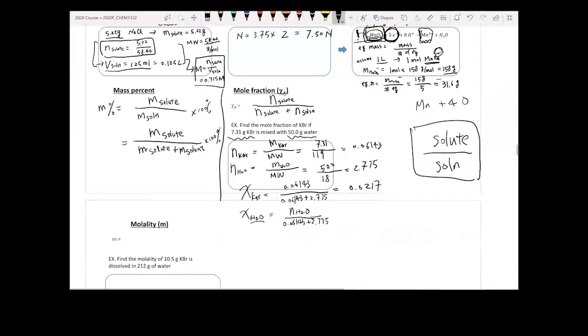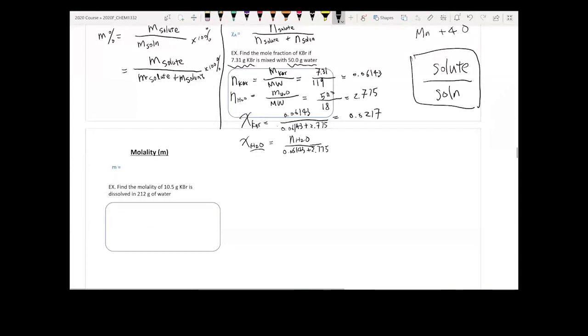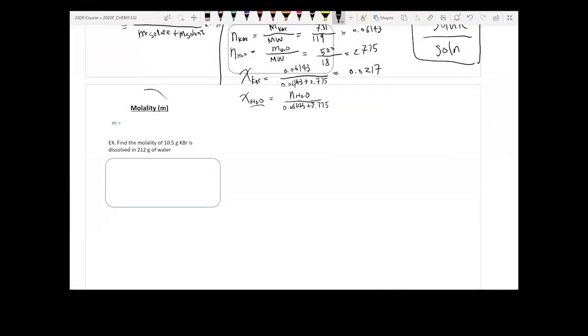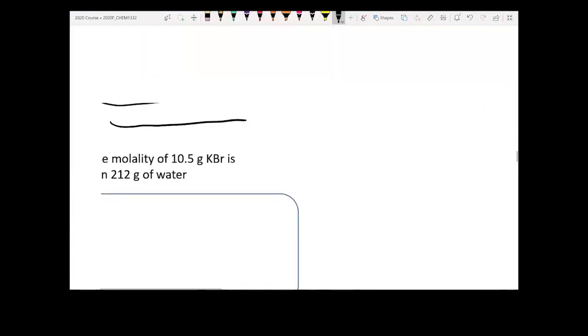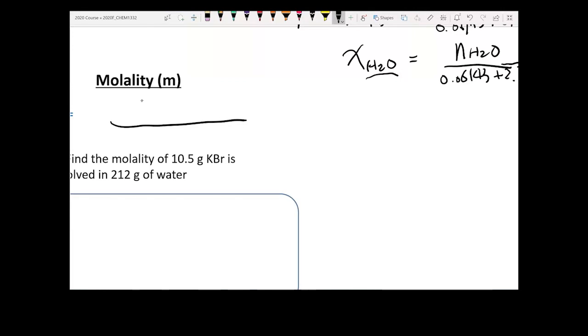And then the very last concentration, which I intentionally put on a different page, is the molality. Molality is defined as the number of moles of your solute divided by the mass of your solvent. This is very different from the other four.